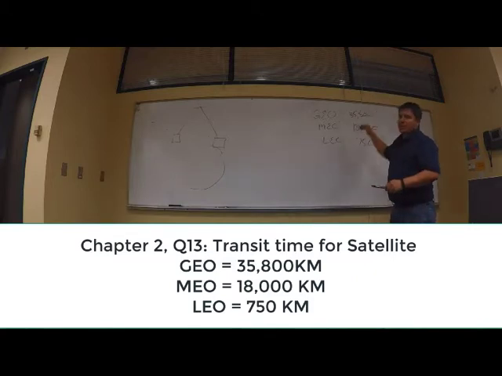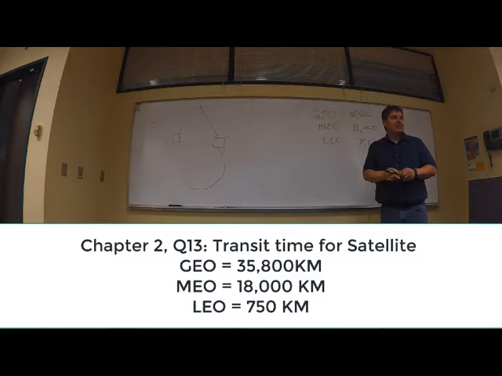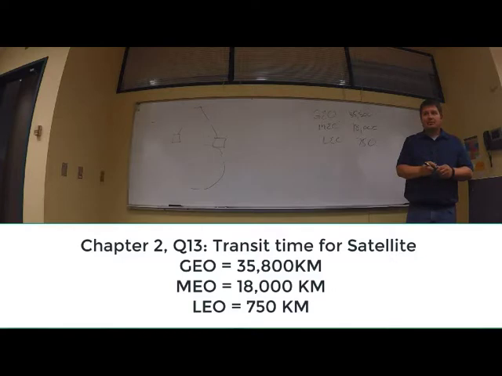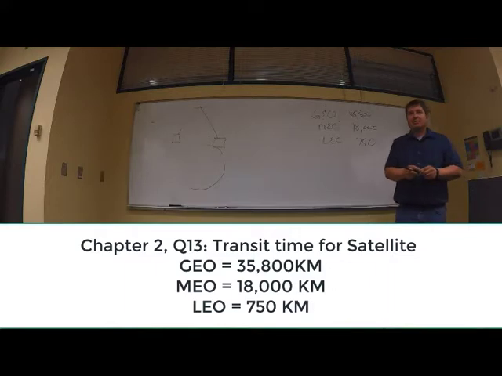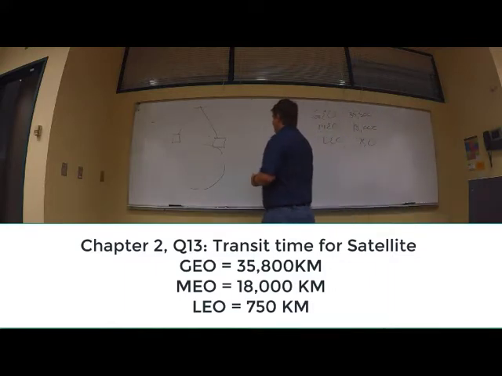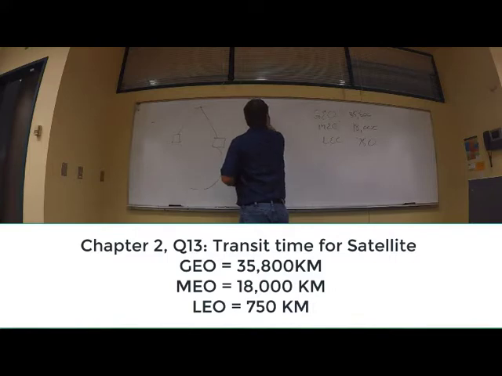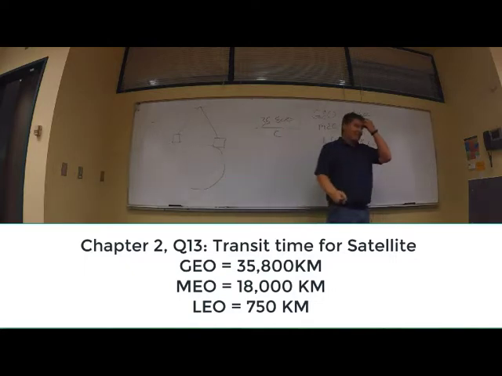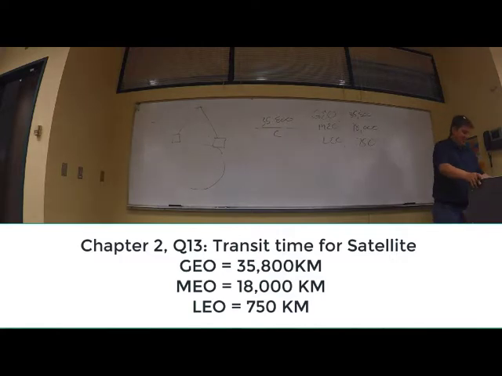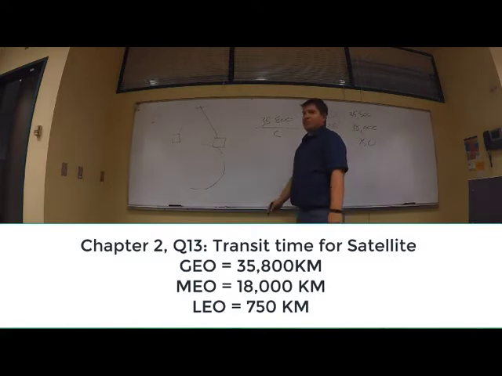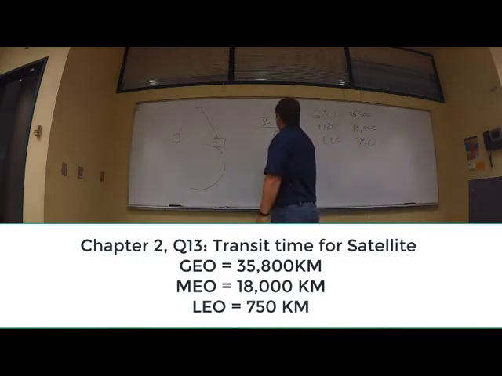So for the GEO, it's 35,800 kilometers high. What's the equation? You take the distance divided by the speed of light. Let's do it the old-fashioned physics way.